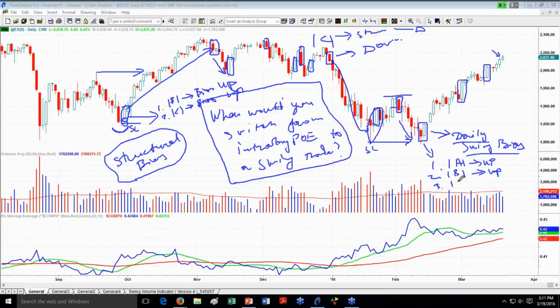And if this is even C, our bias is still up. So in all three scenarios, we're thinking that the price at least should go into this area and just retest it. So we can create that swing trade, and until we have the reversal of the swing, which we haven't had, we are going to continue with that trade.